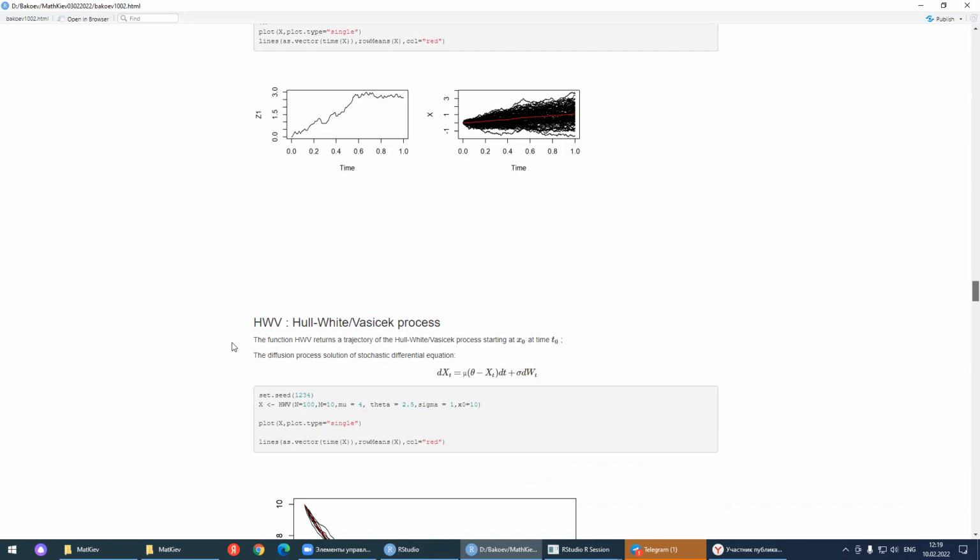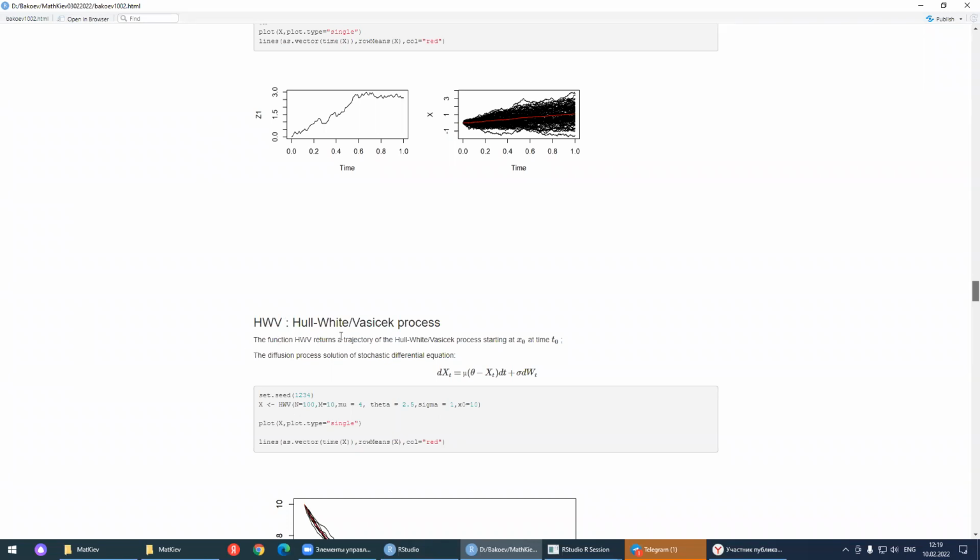And the next process, in some textbooks you can find as the Hull-White or Vasicek process, HWV.